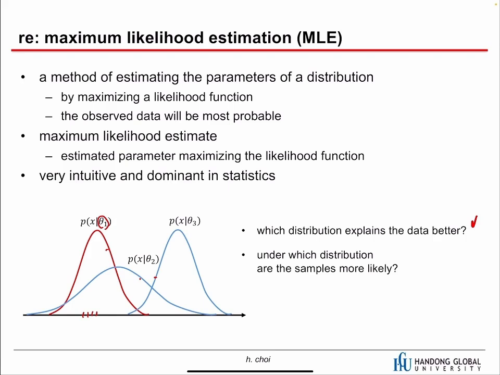That's it. So anyway, the basic idea is quite simple. Under which distribution are the samples more likely? If the samples are around here, then this distribution would be better. And if we move the data samples like this, then we have to update these parameters so that the distribution should look like this.